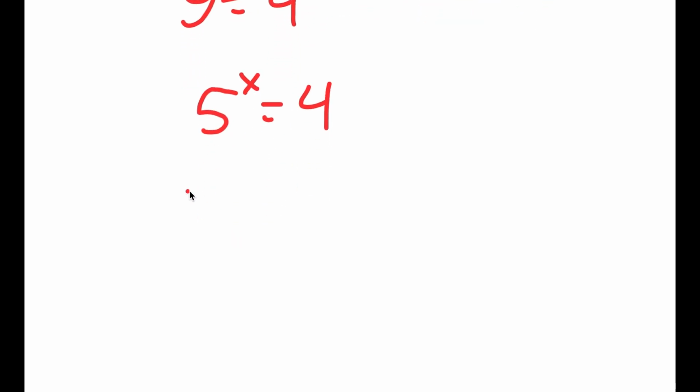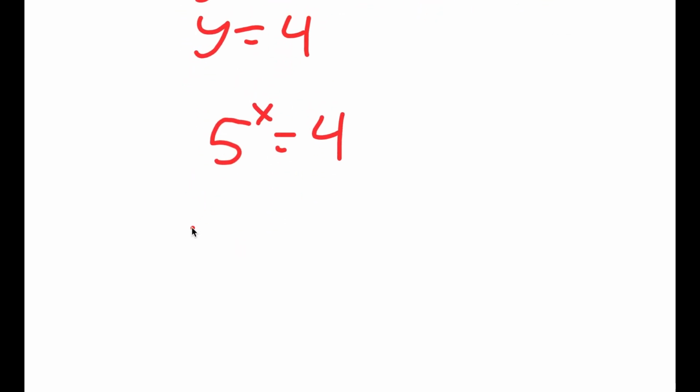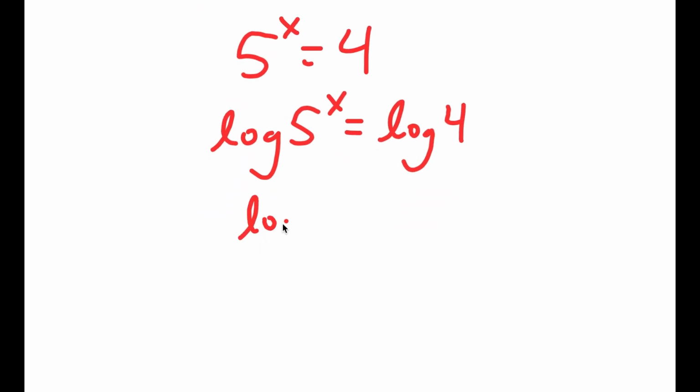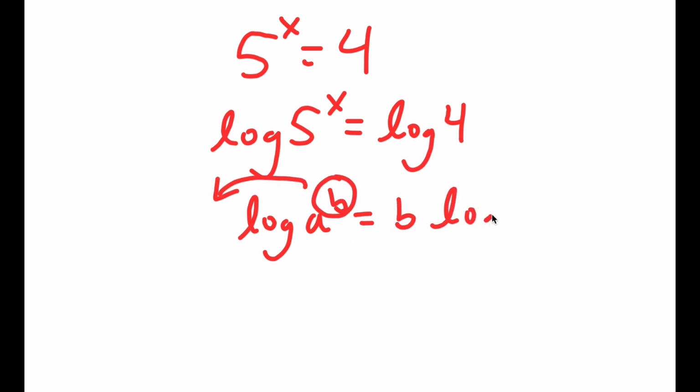And to solve this, I'm going to take the log on both sides. So I get log 5 to the power of x is equal to log 4. And if I have something in the form log a to the power of b, I can move this exponent b to the front. So it's going to equal b times log a.